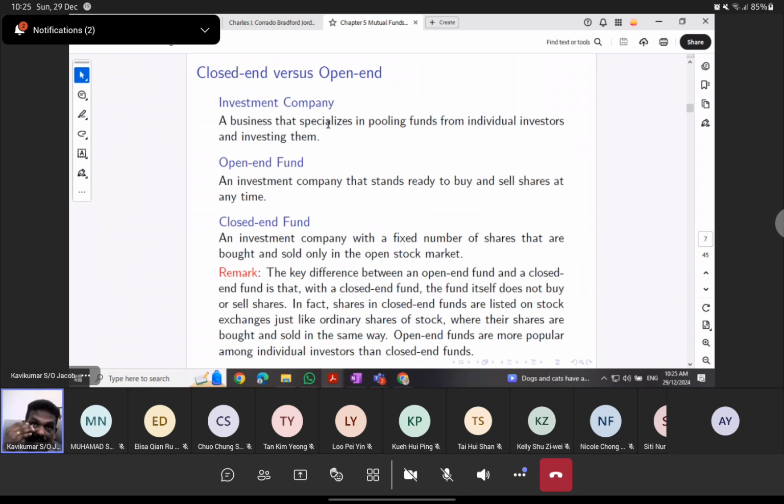If you satisfy them with your idea or your project work, then they will arrange a fund for you. That fund we call a mutual fund. So you have to understand very carefully.